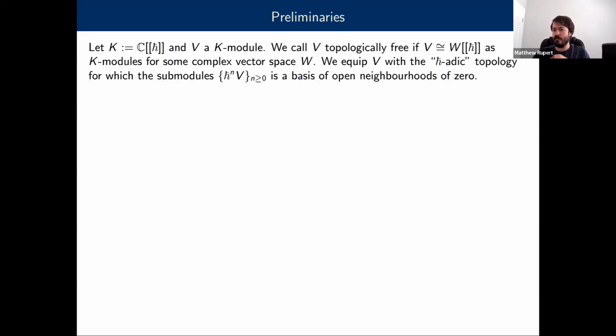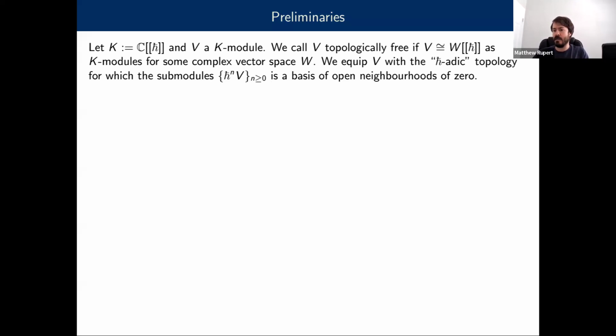I'll denote by K the formal power series ring in h bar. If V is a K-module, we call it topologically free if it's really just a formal power series ring with coefficients in a vector space W and the obvious action, where h bar just ignores the coefficients in W. And we'll equip V with the h-adic topology.